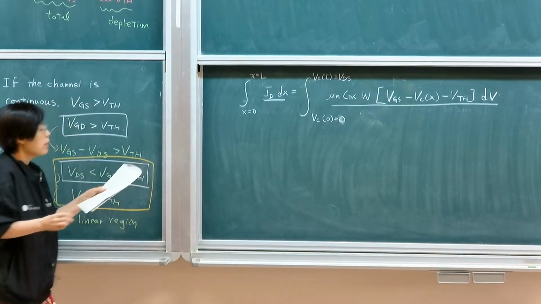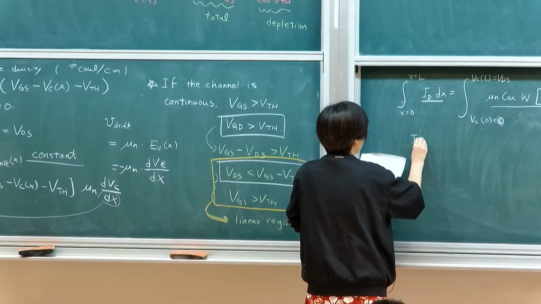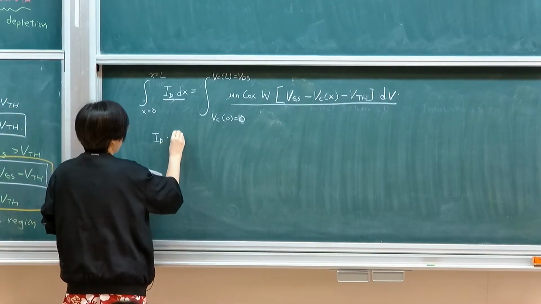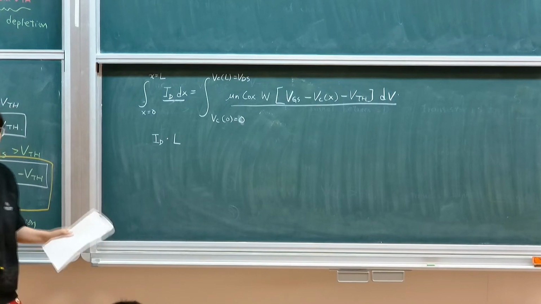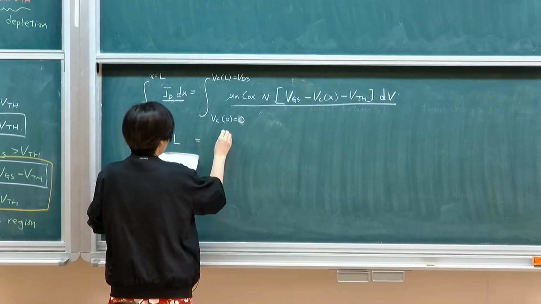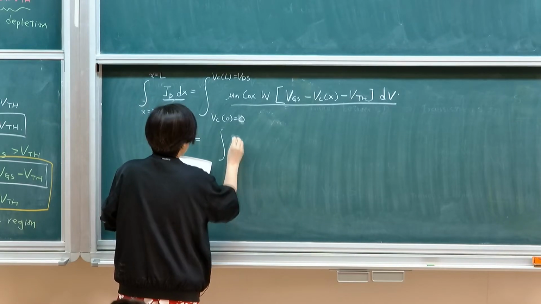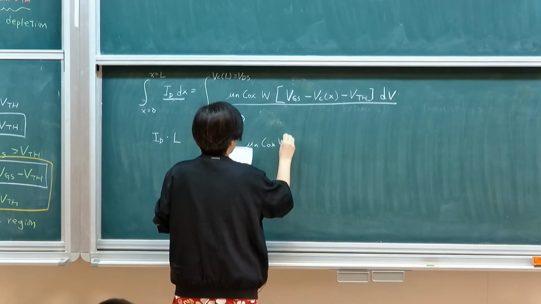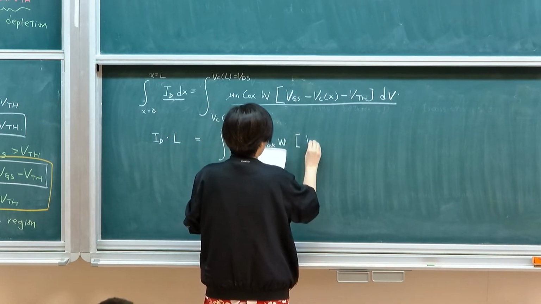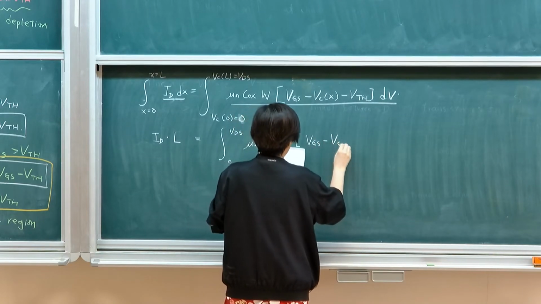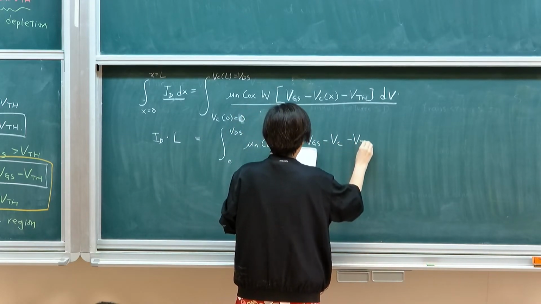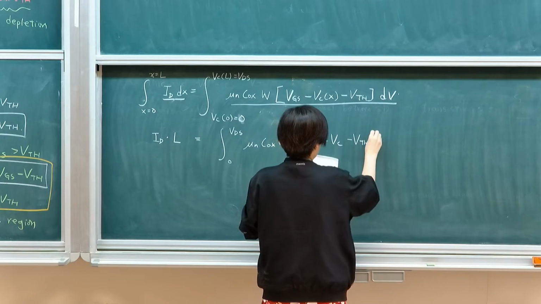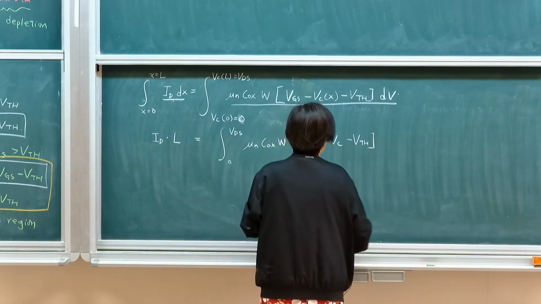So once the integral is done, this will be ID. We know that ID is constant along the channel, so you take out the ID, and the total distance of integral is L. And then on the right side, this will be 0 to VDS, mu n Cox W, (VGS minus Vc minus VTH).